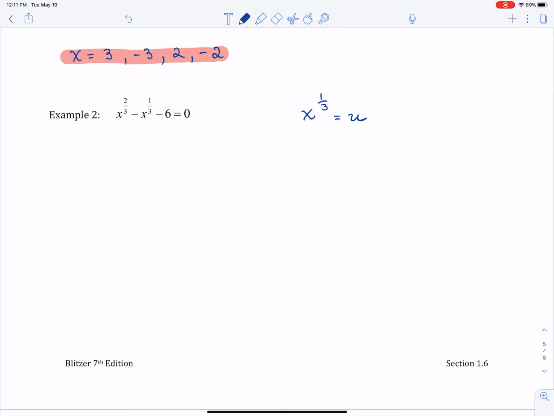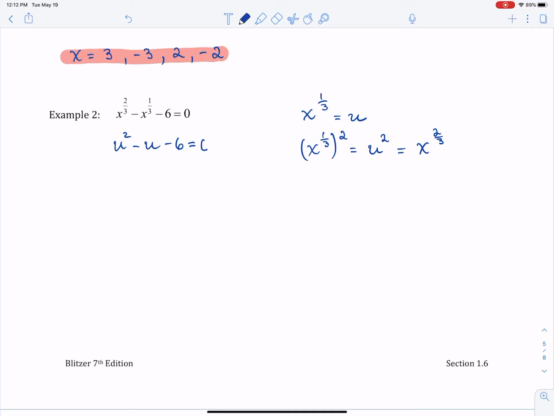When squaring both sides, we end up having x powered by 1/3 squared is going to be u squared. And again, based on the property of exponents, in this case, that's x powered by 2/3. So for x powered by 2/3, I'm going to substitute u squared. And for x powered by 1/3, I'm going to substitute u.